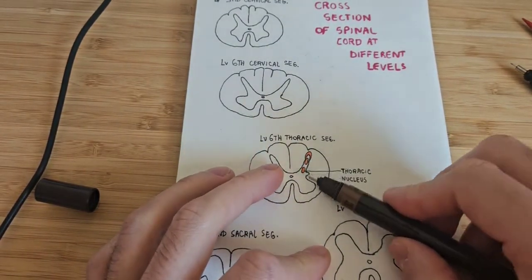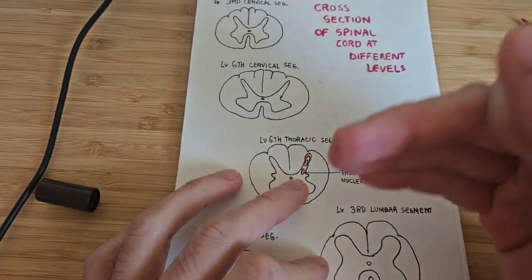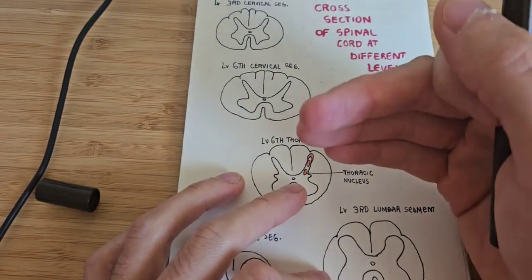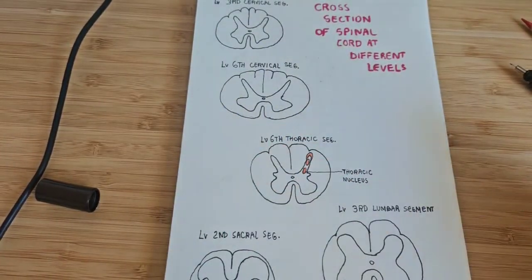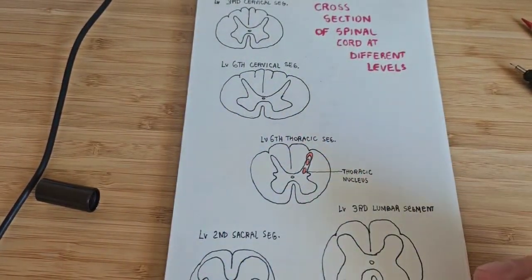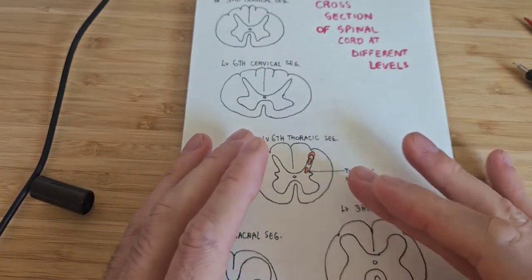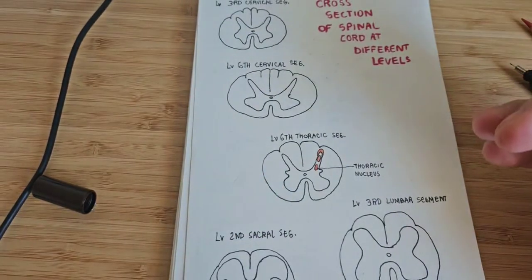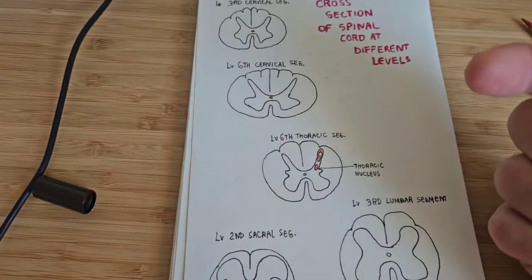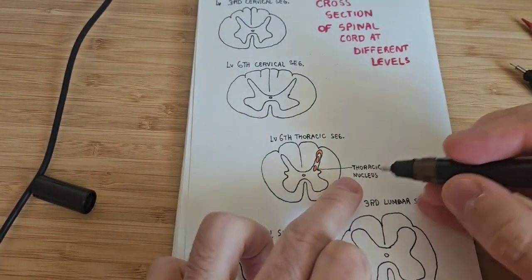Another thing, this nucleus gives rise to the posterior spinocerebellar tract. I'm going to talk about the posterior spinocerebellar tract in another video, but basically it carries proprioceptive information to the cerebellum, especially for coordination of movement. So this is the first one.